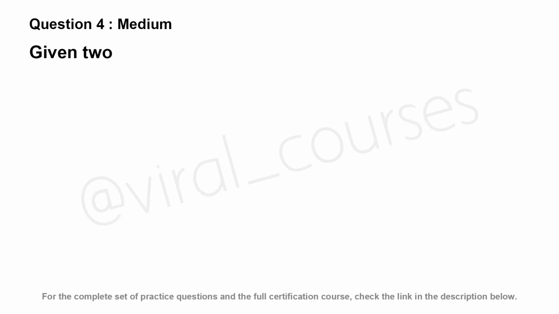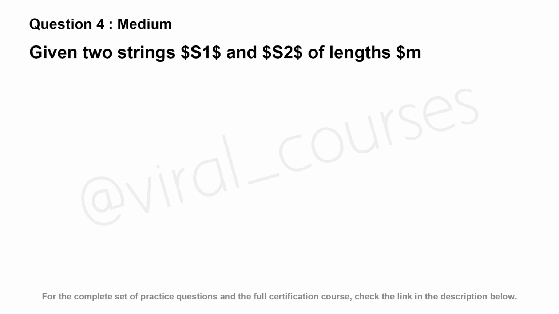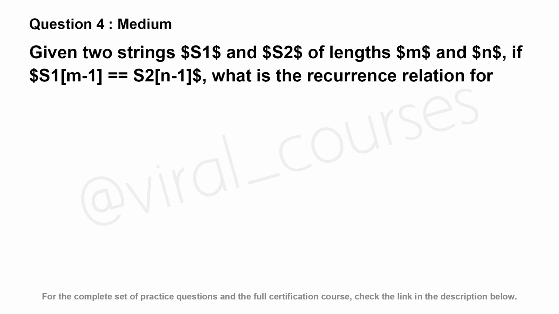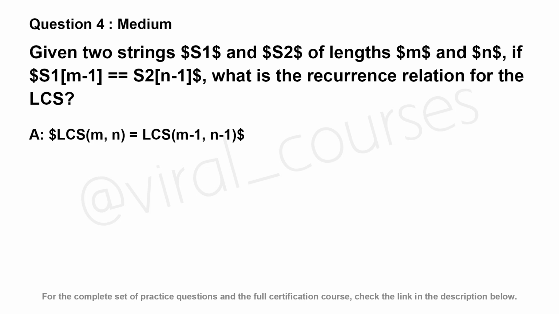Given two strings, S1 and S2, of lengths M and N. If S1[M-1] equals S2[N-1], what is the recurrence relation for the LCS? Option A, LCS(M, N) equals LCS(M-1, N-1). Option B, LCS(M, N) equals 1 plus LCS(M-1, N-1).